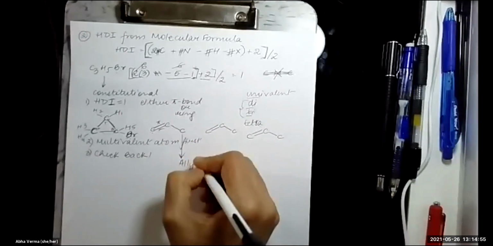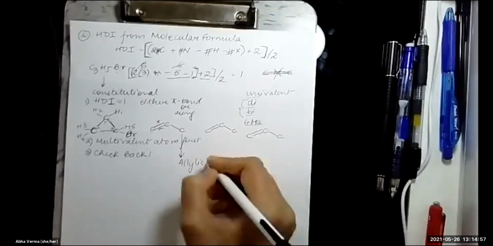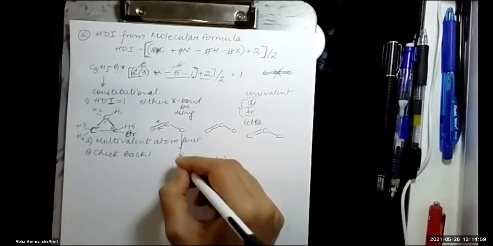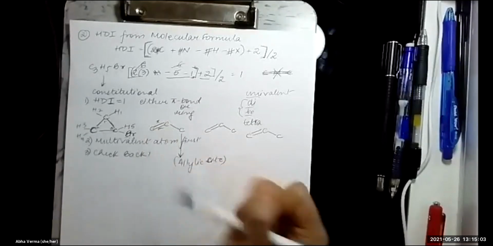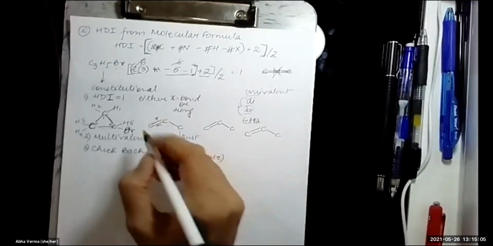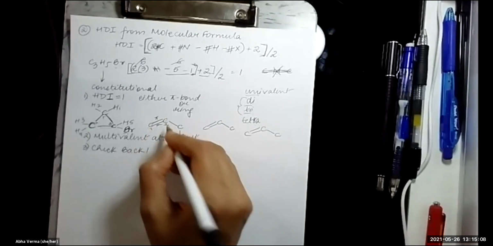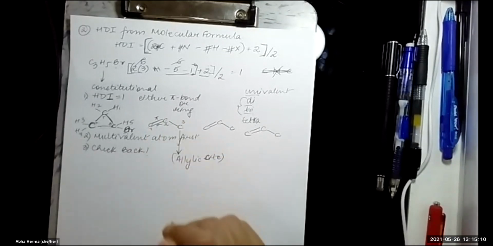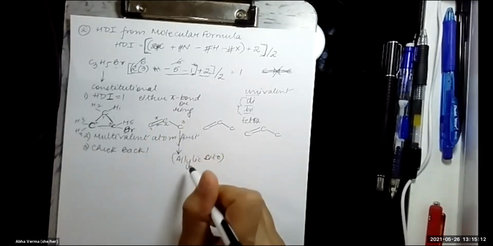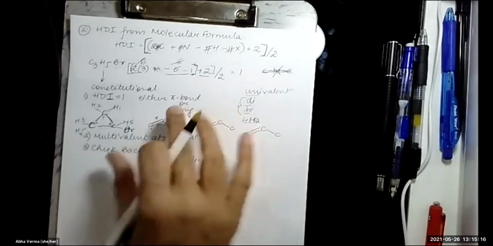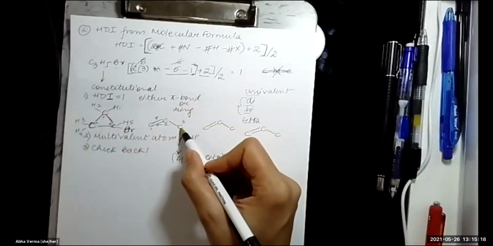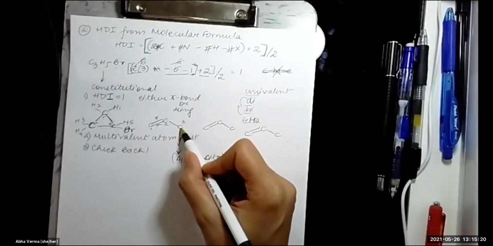What is an allylic carbon or allylic site? Allylic site is a third atom from the pi bond. So there is 2 of these atoms and then there is this third atom. That is your allylic site. In this particular case, we do have an allylic site.